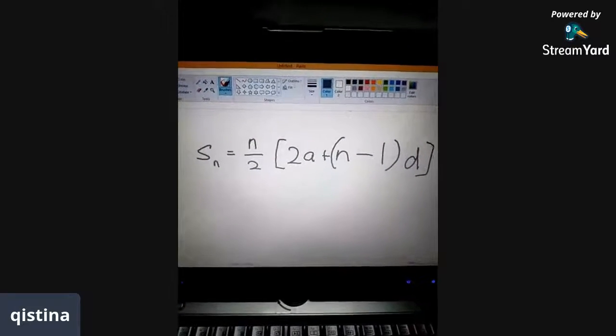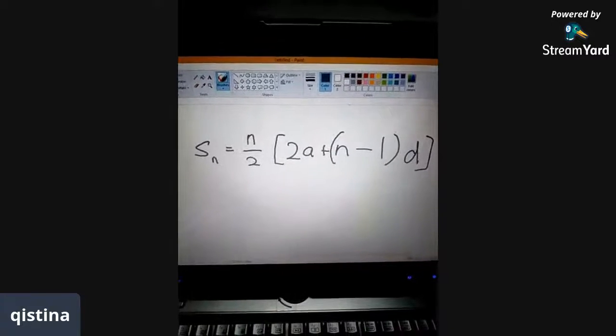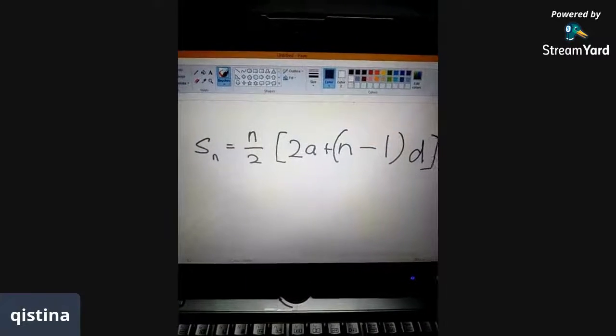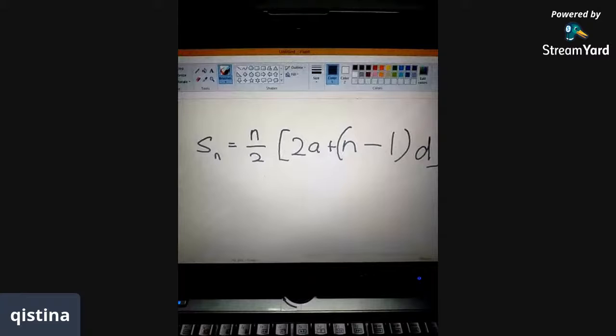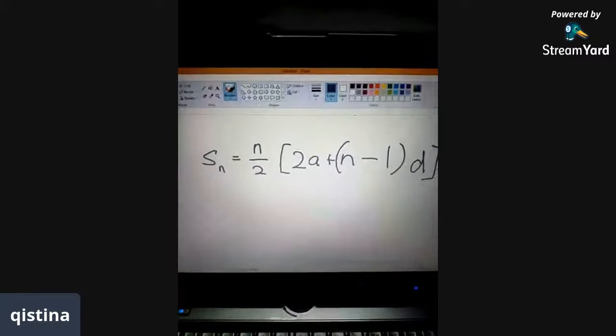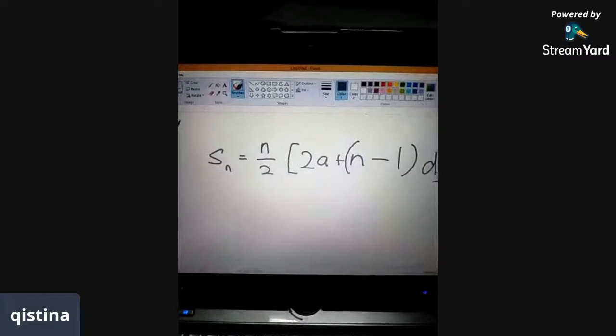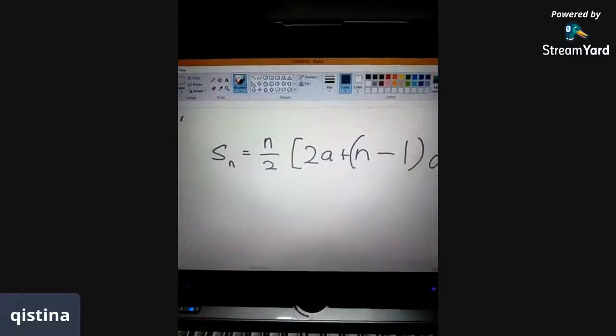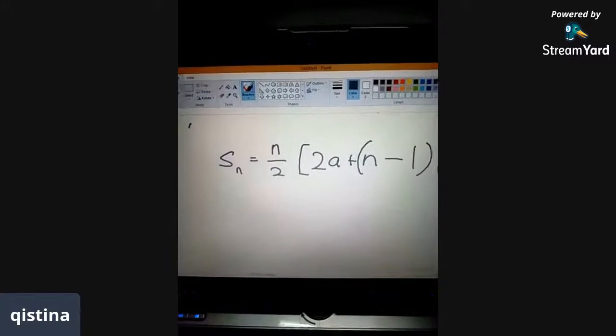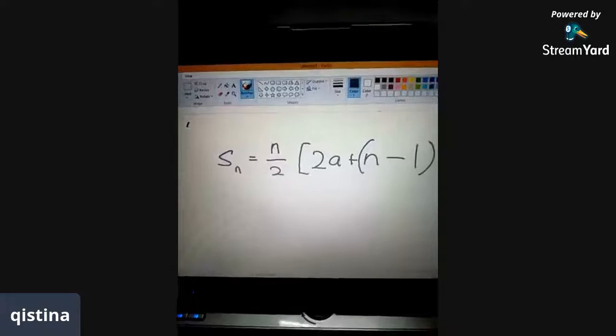We obtain the formula Sn equals n over 2 times 2a plus n minus 1 d. This is the same result that we got from all of the calculation we did just now.